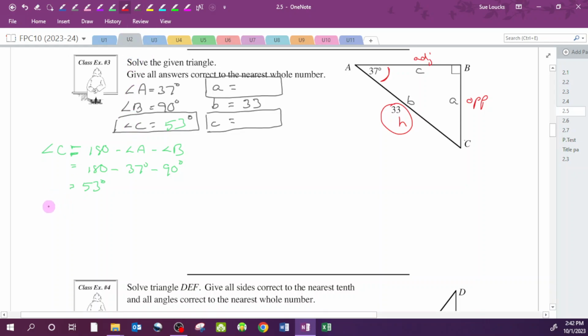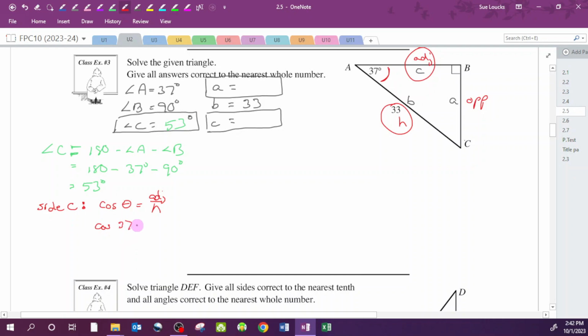All right, let's do side C. It doesn't matter which one you do first or second, but side C is the adjacent. So I've got adjacent over hypotenuse. That's cos. Here I put the colon that says this is where I'm going to figure out side C. So my equation is cos theta equals adjacent over hypotenuse.